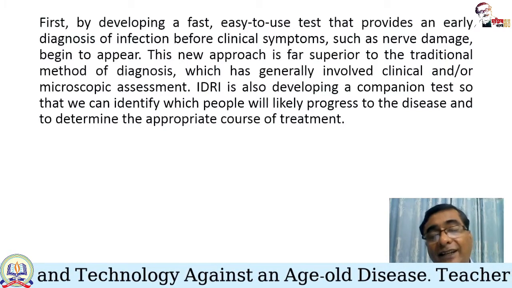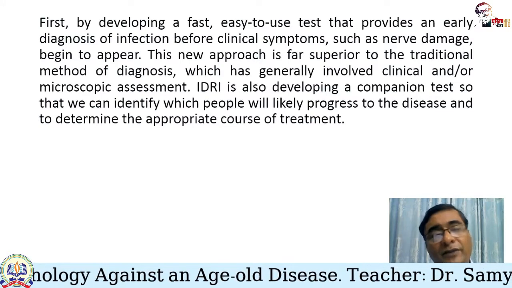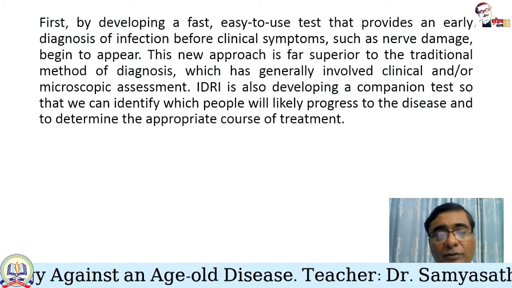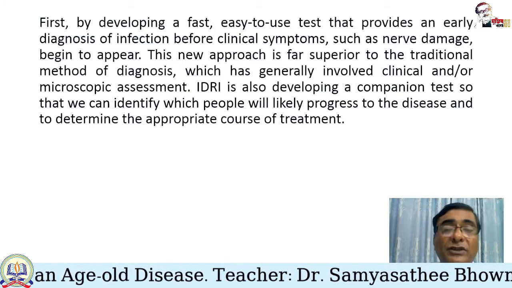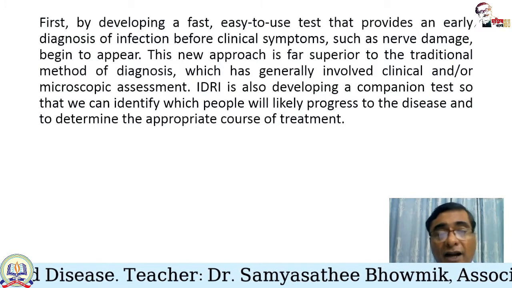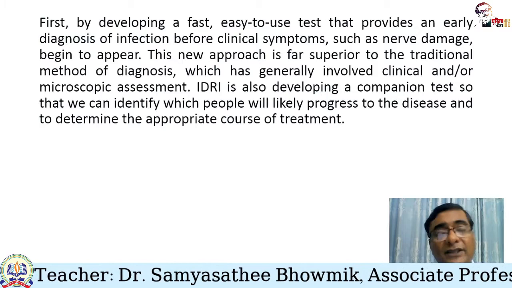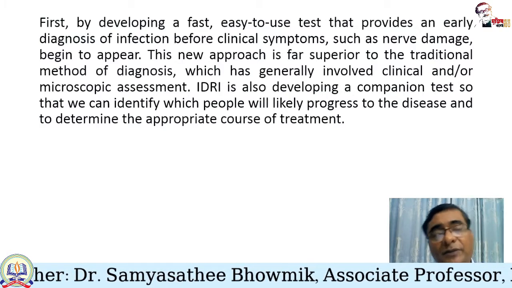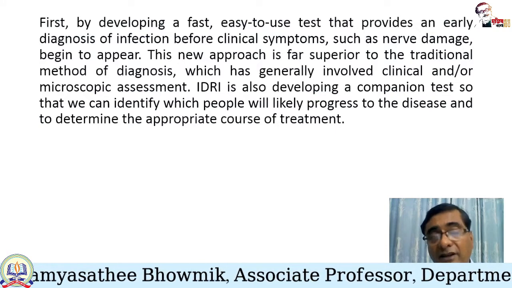They can now tell which person has the possibility of being affected by leprosy. Why is this important? Because if a person can be informed earlier that the person has the possibility of becoming a victim of leprosy, then the course of medication can be started much earlier.